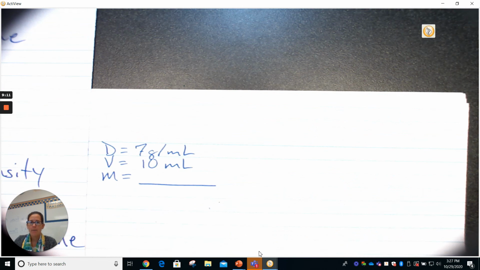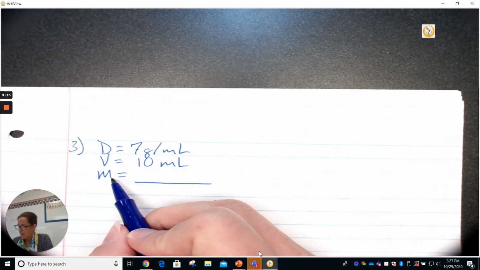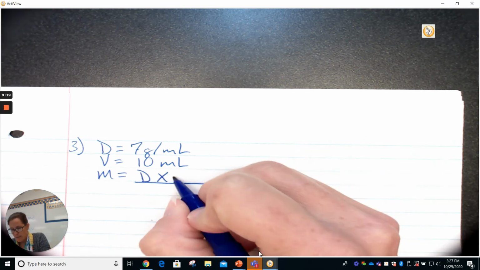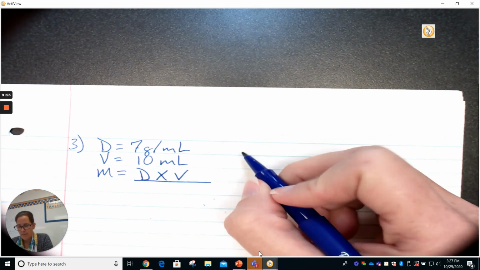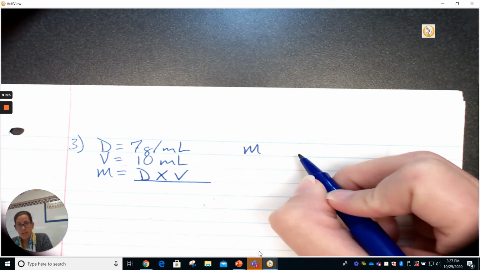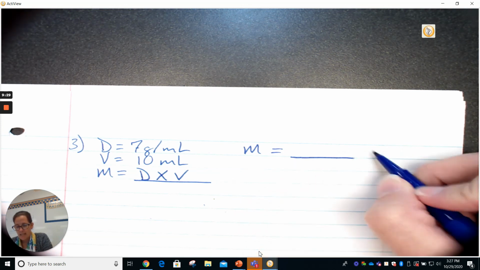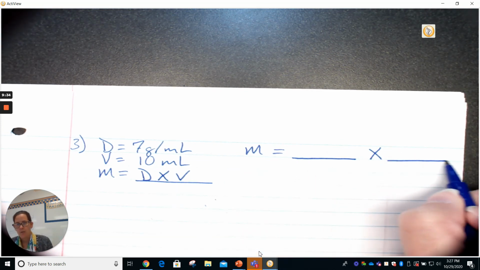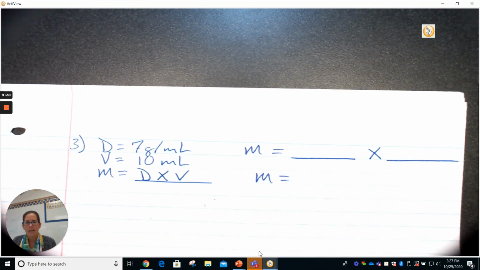So I'm going to write that formula right over here. We need mass equals density, D, times V. Okay, so I'm going to make our setup just the same as we have for everything else, only it's going to be mass equals, I'm going to give myself a line, and I'm going to multiply instead of divide, and I'm going to give myself another line, and then my answer is going to go right there.